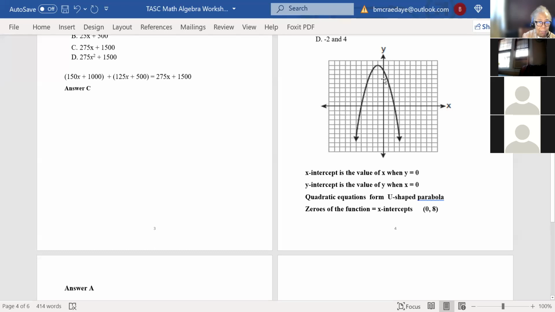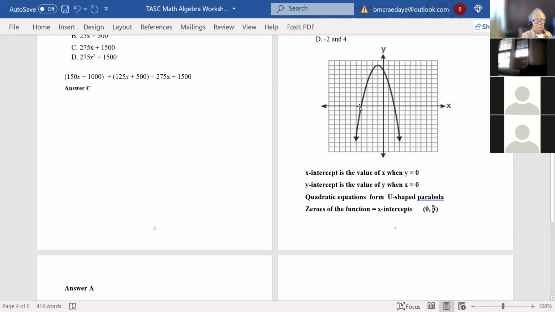If you're on the Y line, X is 0. So at this point, Y is 8 and X is 0. And this is the way you would write it, 0, 8.